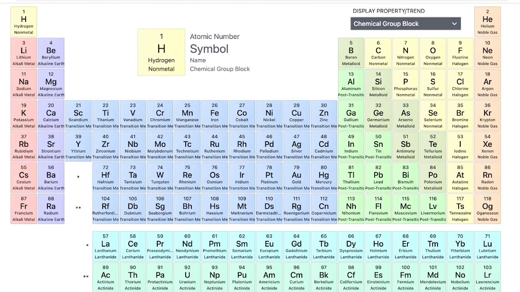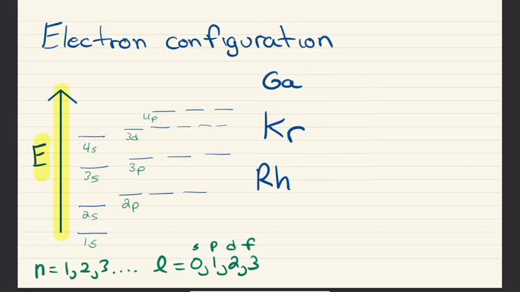So gallium here has a total of 31 electrons. How do we know that? Well, its atomic number is in fact 31. So we should expect 31 total electrons.